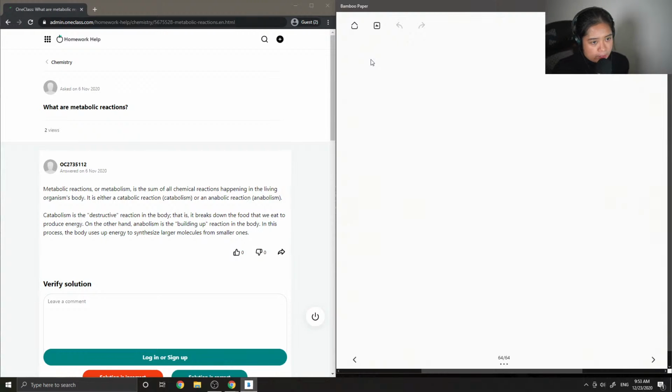Okay, so question number 3. What are metabolic reactions? Okay, so metabolic reactions can be described into two different reactions. The first is catabolic.